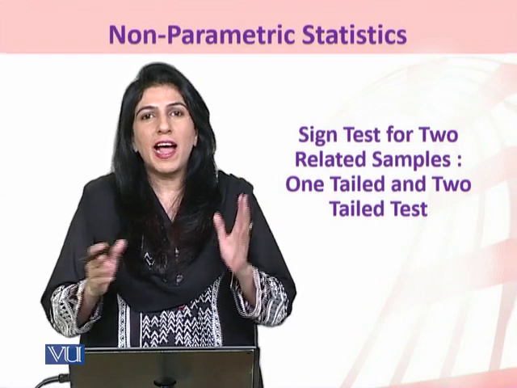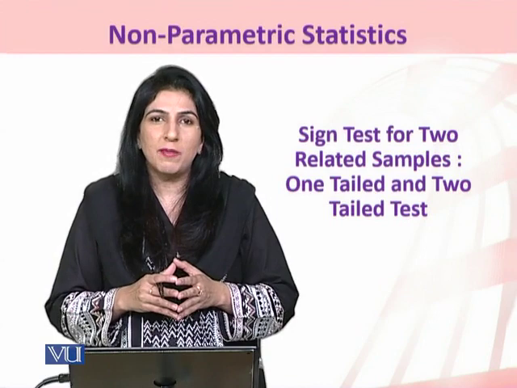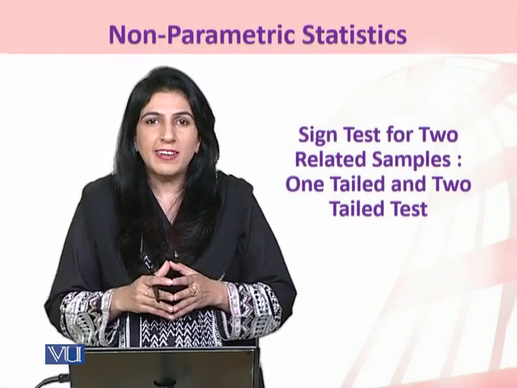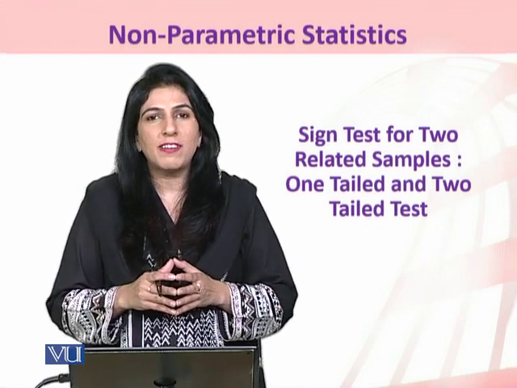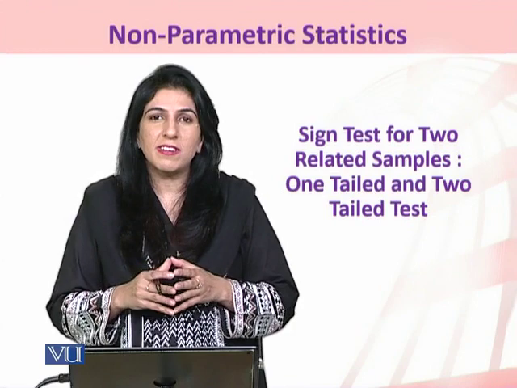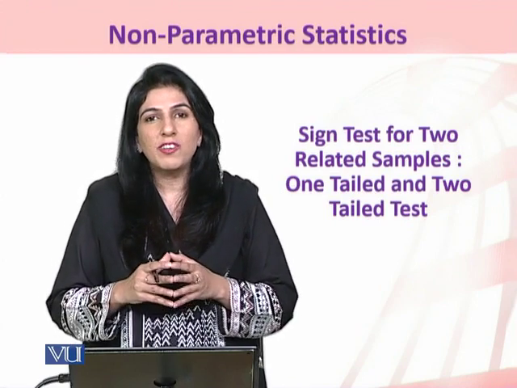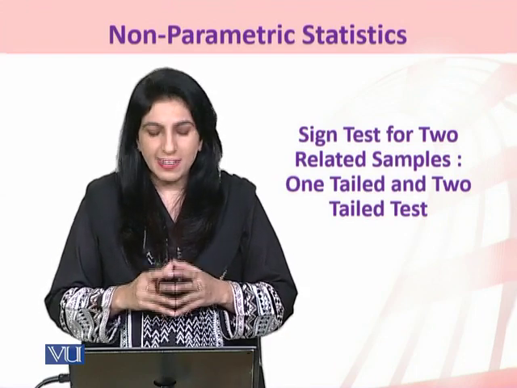Now when we apply the sign test, in some problems we would like to test a two-tailed test of equal-not-equal type, while for the rest of the problems we might be interested in testing a directional hypothesis, of greater than type or less than type.